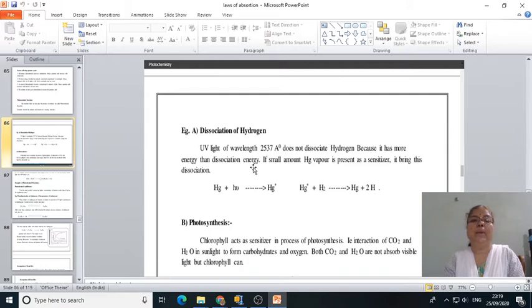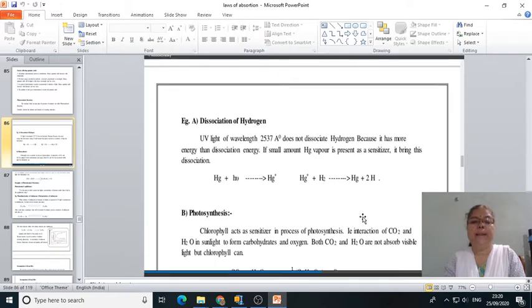Excitation of mercury is the primary process, and in the secondary process, the excited mercury transfers its excess energy to the hydrogen molecule, causing dissociation. Here the mercury acts as a sensitizer, and the dissociation of the hydrogen molecule takes place and it forms two hydrogen atoms.